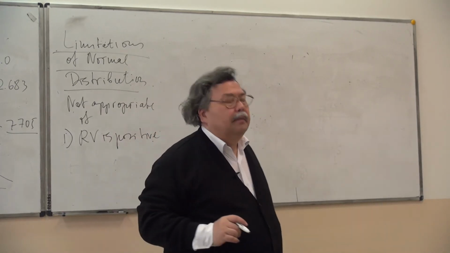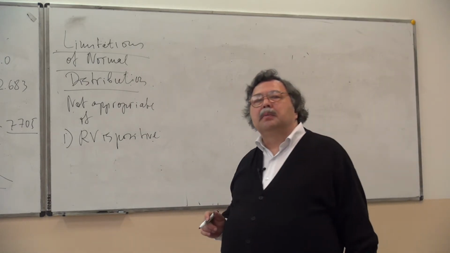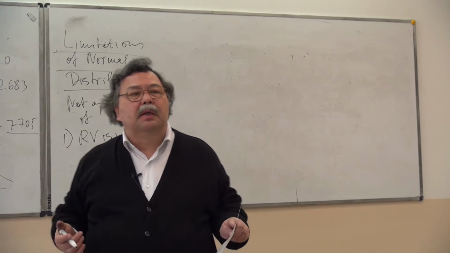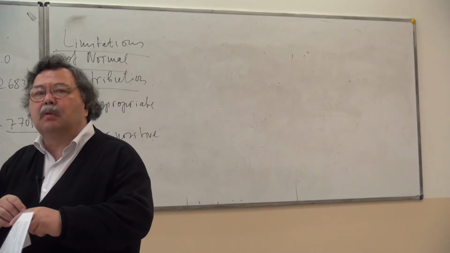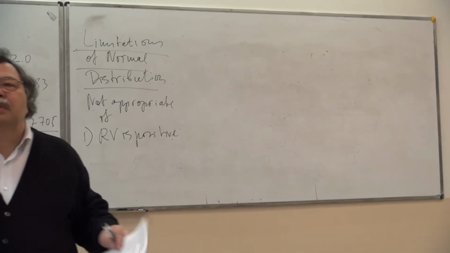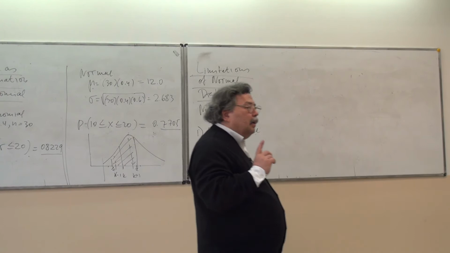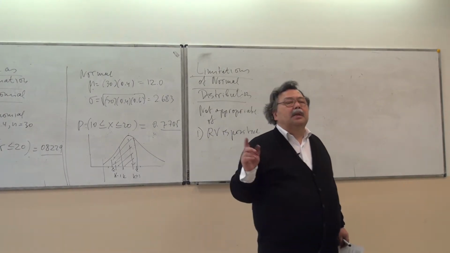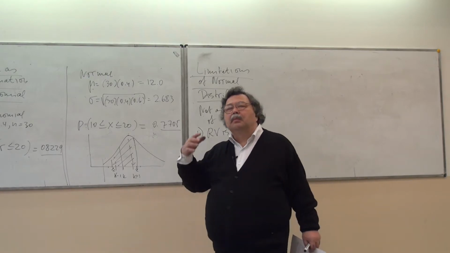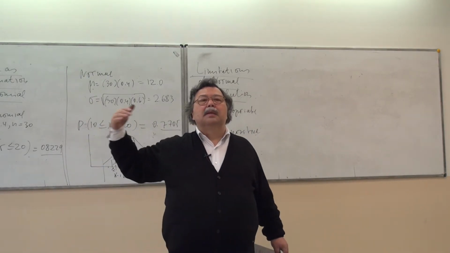Well, a comment is necessary here. The normal distribution, by definition, extends from negative infinity to positive infinity. On the one hand, you might think that it's absolutely unacceptable for modeling random variables that are essentially positive.